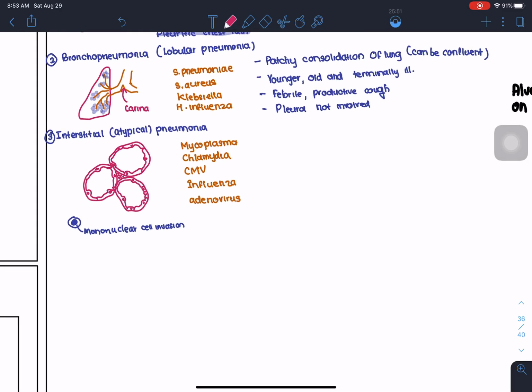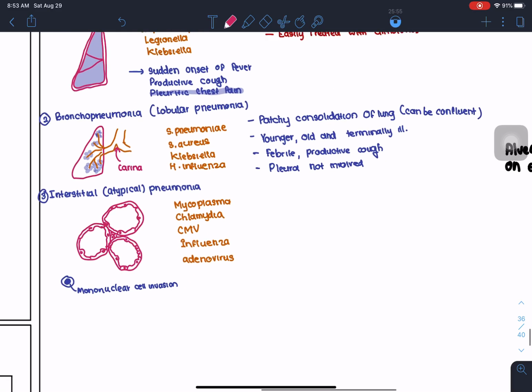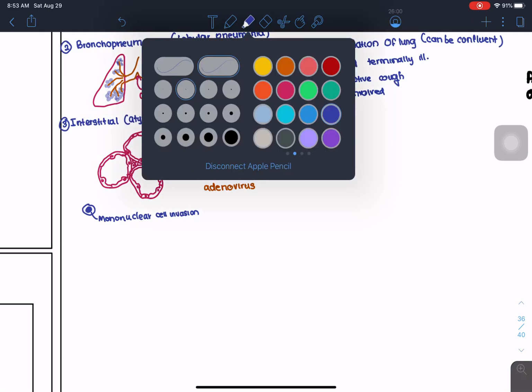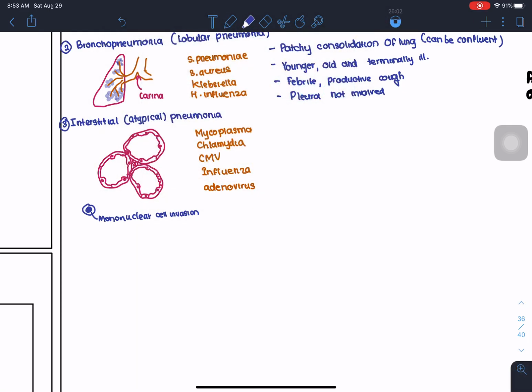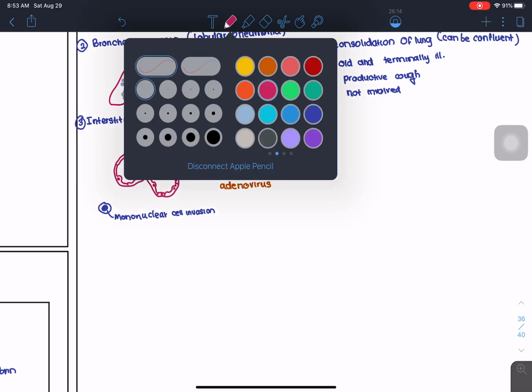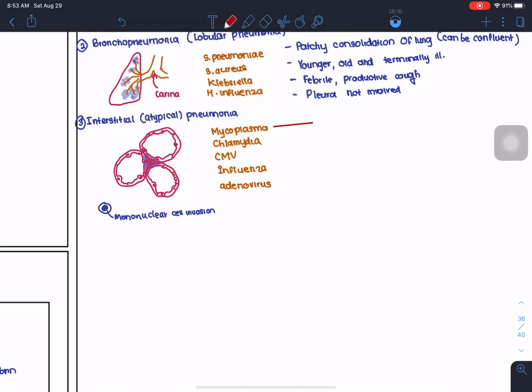Next, we have interstitial or the atypical type of pneumonia, because it does not involve alveolar spaces. See, pneumonia is a disease we talk about involving the alveolar spaces. It instead involves the interstitial spaces. And the most common organisms are mycoplasma and chlamydia.